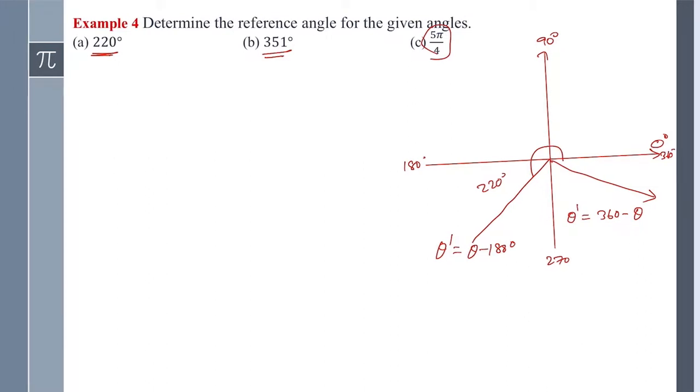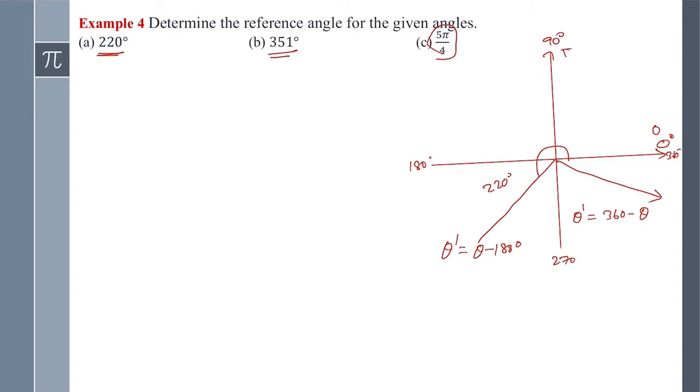So in radians, this is 0 radians. This is pi over 2. 180 means pi. This is 3 pi over 2. And then this is 2 pi. Now, if you're not sure where 5 pi over 4 is, you can just put it into the calculator. If you put 5 pi over 4 in your calculator, you will get 3.92.